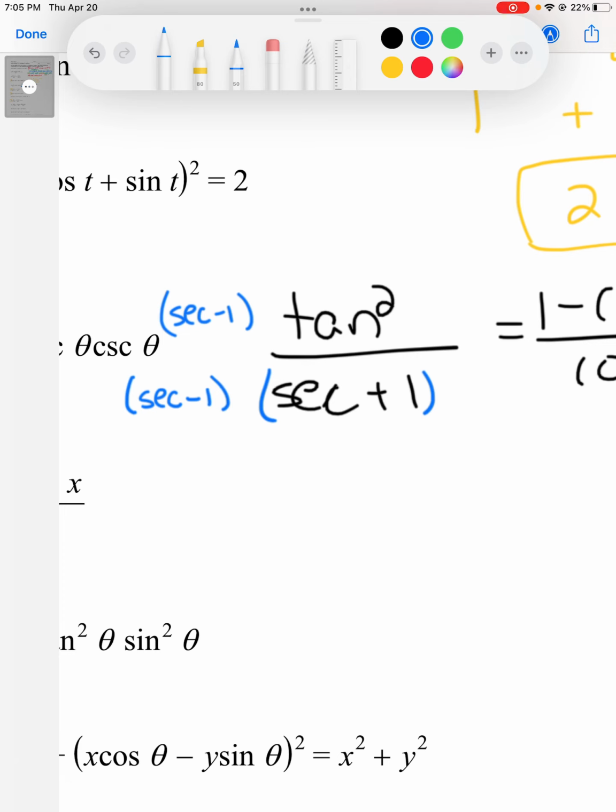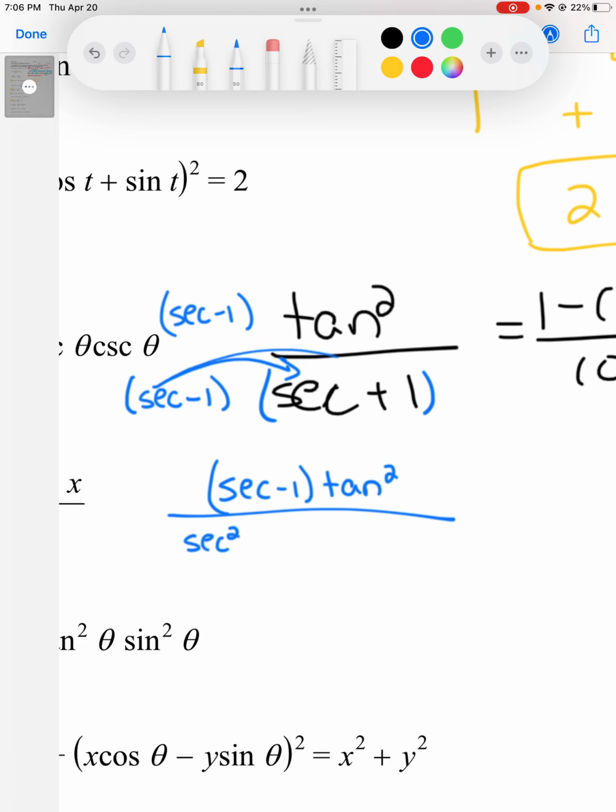I'm not going to distribute the top just because I want to see if anything cancels out. So I'm going to have secant minus 1, I can always distribute later, times tangent squared. But on the bottom, I'm going to have secant squared plus secant minus secant minus 1.